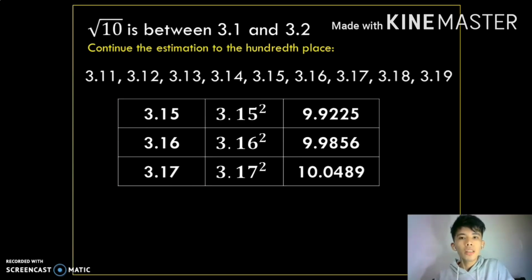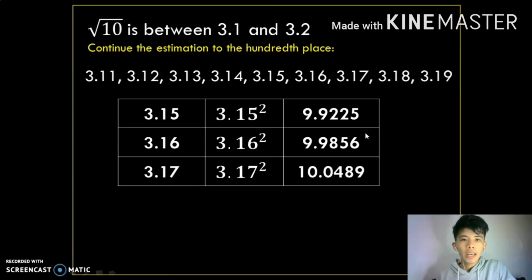So, 3.15 squared is equal to 9.99225. 3.16 squared is equal to 9.9856. Then, 3.17 squared is 10.0489. Ngayon ang tanong, meron na tayong mga values sa gilid. Itong tatlo, saan diyan pinakamalapit ang 10?